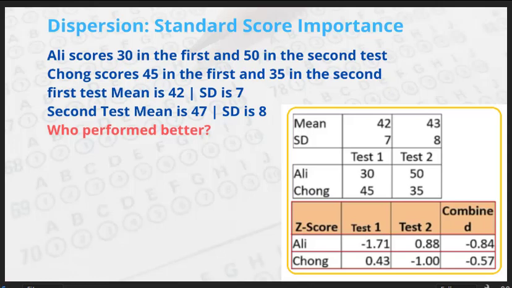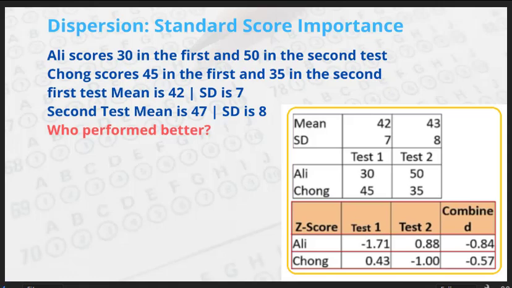The first test mean of the class is 42, so the average mark in the first test in English is 42 for the entire class, and the standard deviation is 7. These values are given to you, and in the second test the mean is 47 and the standard deviation is 8. The question you are asked is who performs better, Ali or Chan?